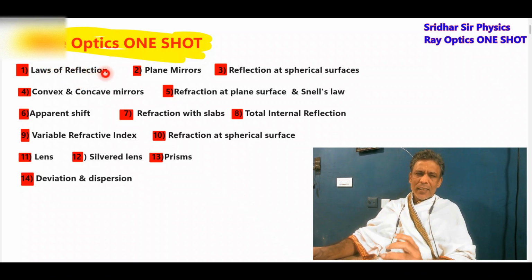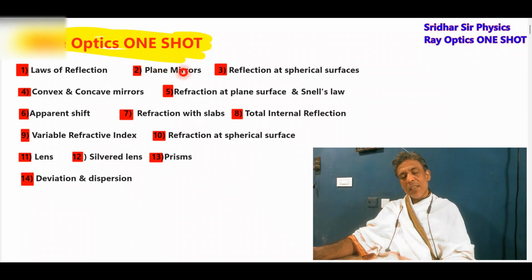Then the application of this is the plane mirror: image formed by a plane mirror, magnification by the plane mirror, lateral inversion, then if the object or the plane mirror is moving, how the velocity of the image behaves, then images formed due to multiple plane mirrors, the angle between the plane mirrors and how many images will be formed, then if a ray is incident on a plane mirror, how to get the reflected rays, multiple mirrors, rotation of mirrors, then acceleration of mirrors. All these things we'll be analyzing in the plane mirror.